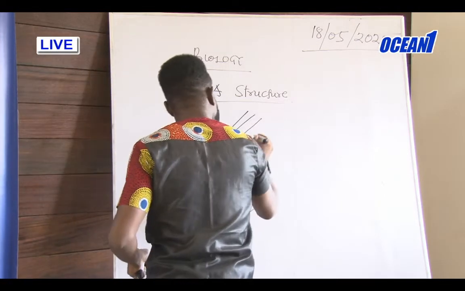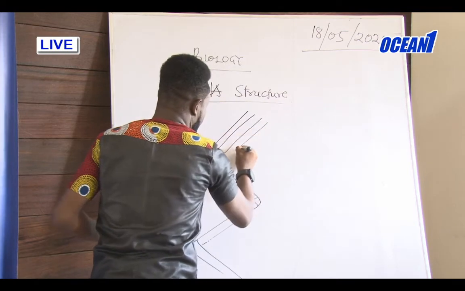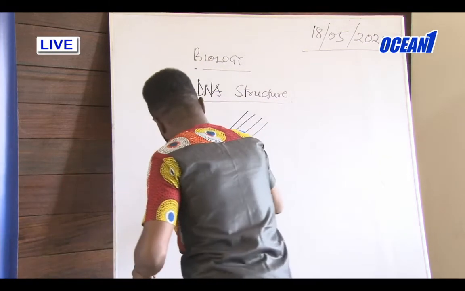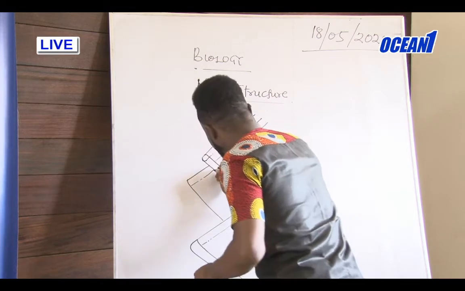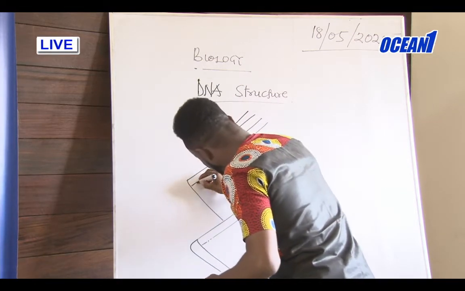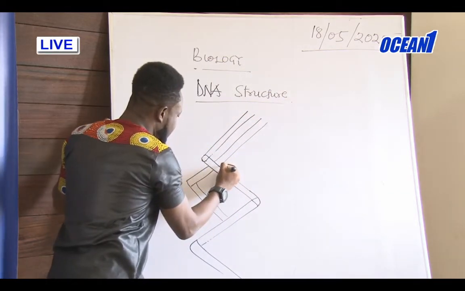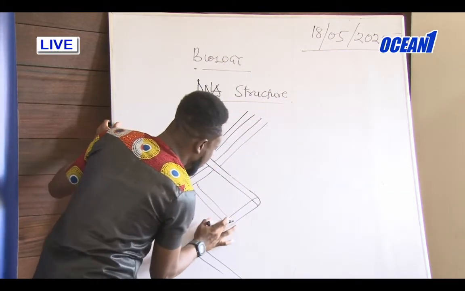Then this one also comes like this. Then it turns over here. Then it turns over here. You see, this one we are saying is beneath like this. So over here it will overlap.